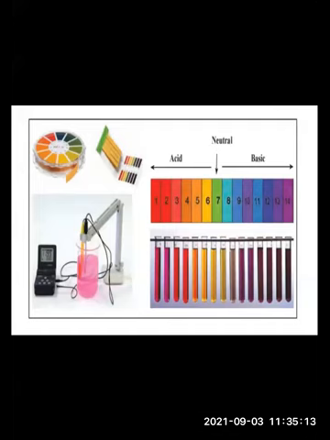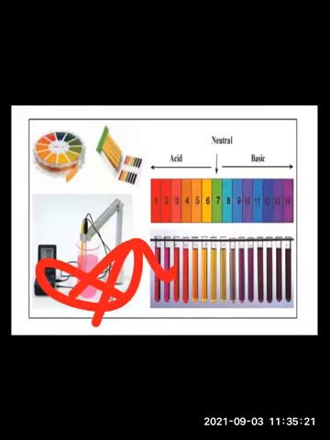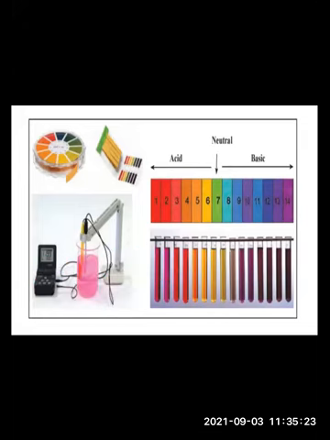You can see here one solution. If you want to measure the pH, you have to dip the electrodes. You can see the electrodes are kept here, dipped inside the beaker.